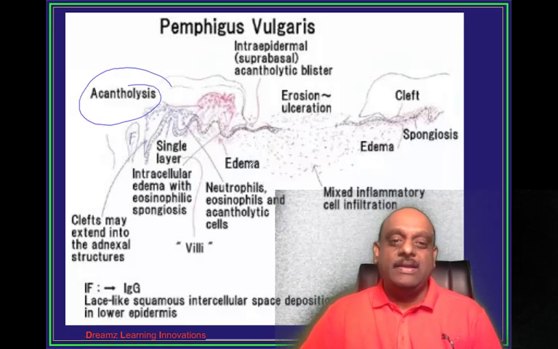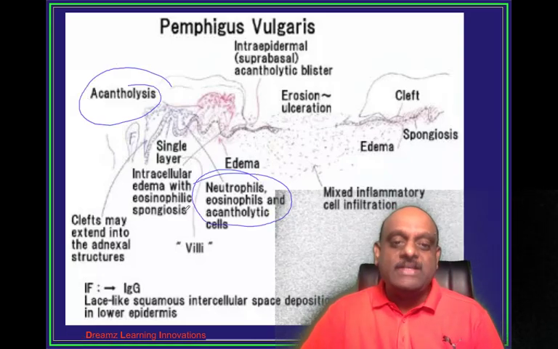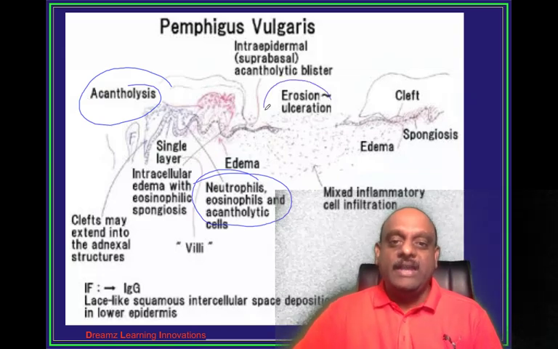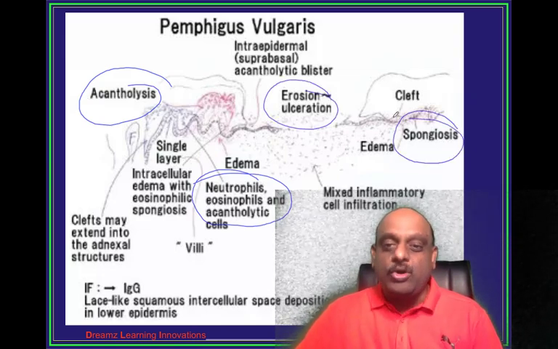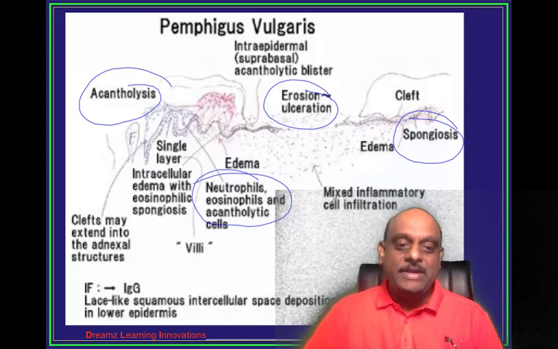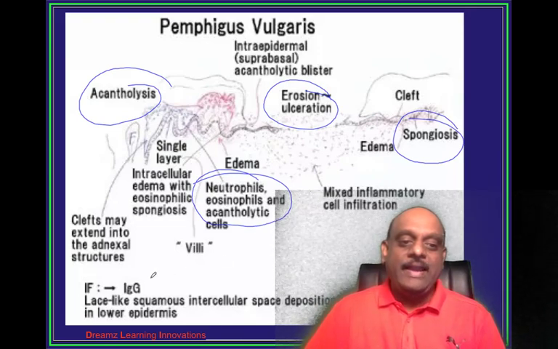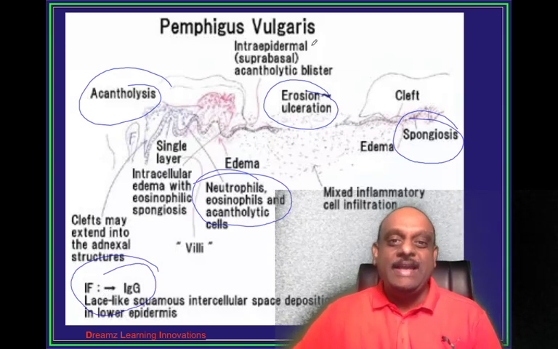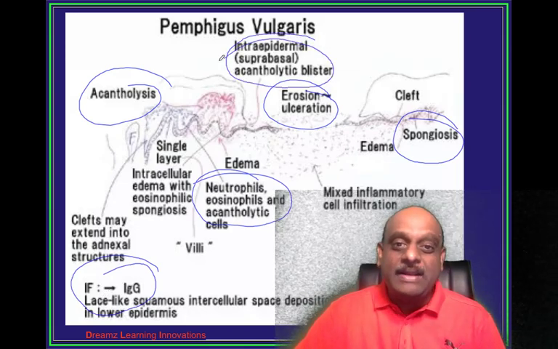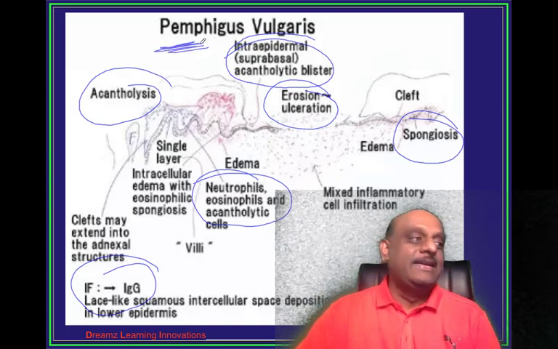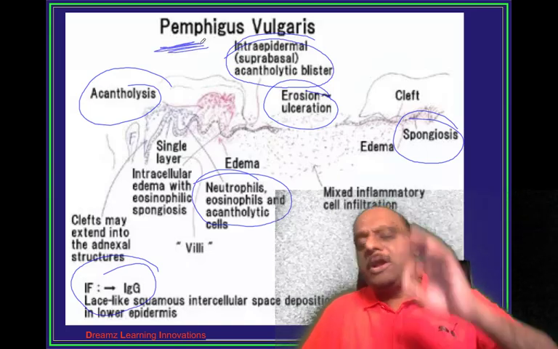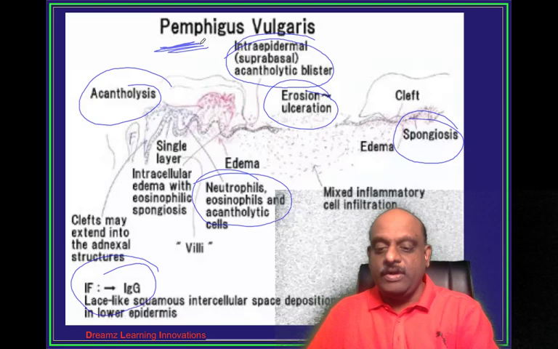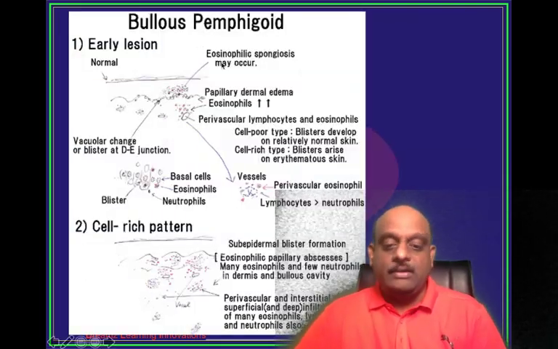Acantholysis, presence of neutrophils, eosinophils and acantholytic cells, erosions and ulceration, spongiosis histologically, and a fishnet pattern of immunofluorescence of IgG and intraepidermal acantholytic blister. These are the things you have to be 100% sure, doctor. Right? Then bullous pemphigoid.